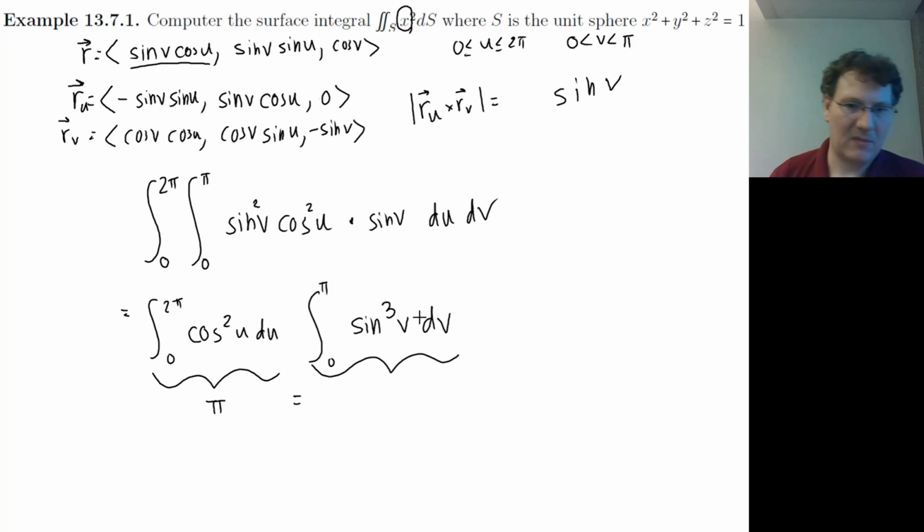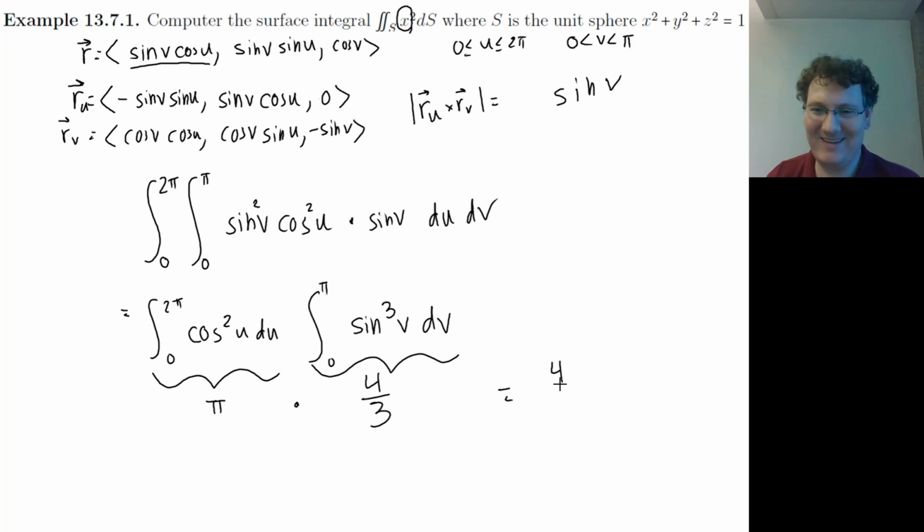This comes out to 4/3. And so what we're getting at, of course, is 4 pi over 3, the surface area of a sphere of radius 1.